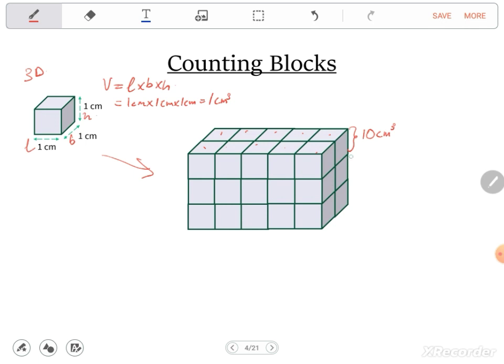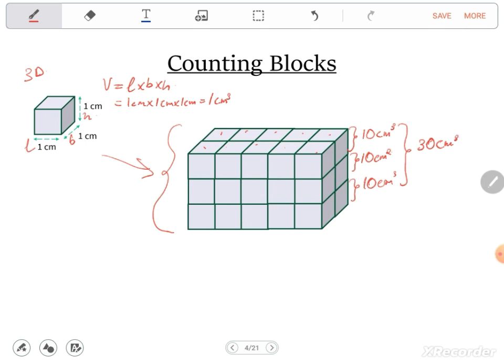And of course, in the next one, because it is the same layer as the top one, it will be 10 centimeters cubed as well, all right? And the next one will be 10 centimeters cubed. So essentially we are saying this shape, all of it, covers 30 blocks, or is covering a space of 30 blocks, or 30 centimeters cubed.